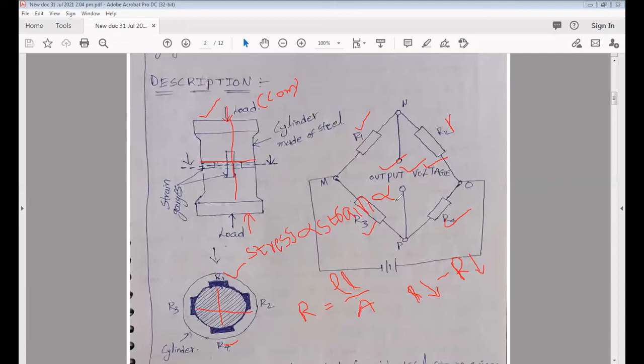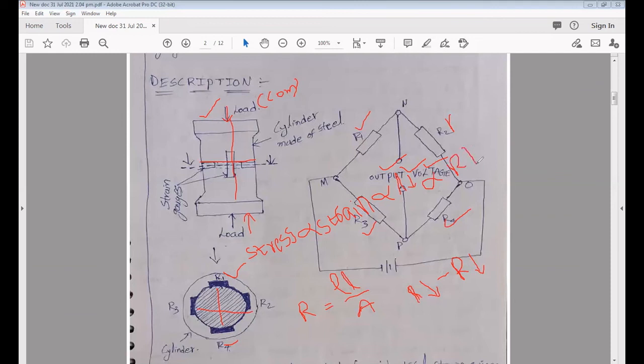So which axis length decreases? Suppose for example we are applying vertical compression. In vertical compression, the vertical axis length decreases. Because the length decreases, the resistance also decreases.